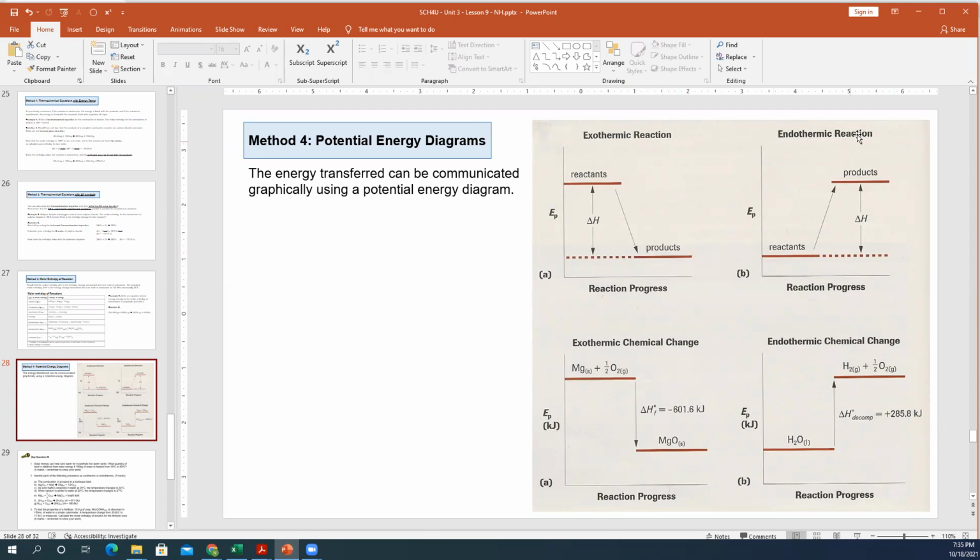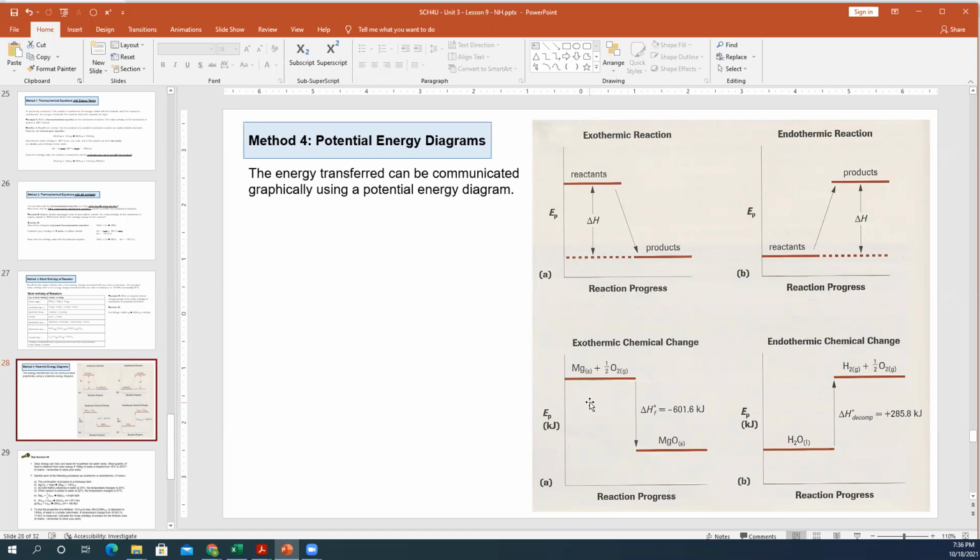If it's an endothermic reaction, the reactants start out with a certain lower amount of potential energy, and through the absorption, the input of this delta H, the products have a higher potential energy. And this is just for this chemical system. Obviously, energy is neither created nor destroyed, but within the system, the exothermic reaction or the endothermic reaction, it's this way. So let's talk about maybe two examples, one exothermic and one endothermic chemical change.